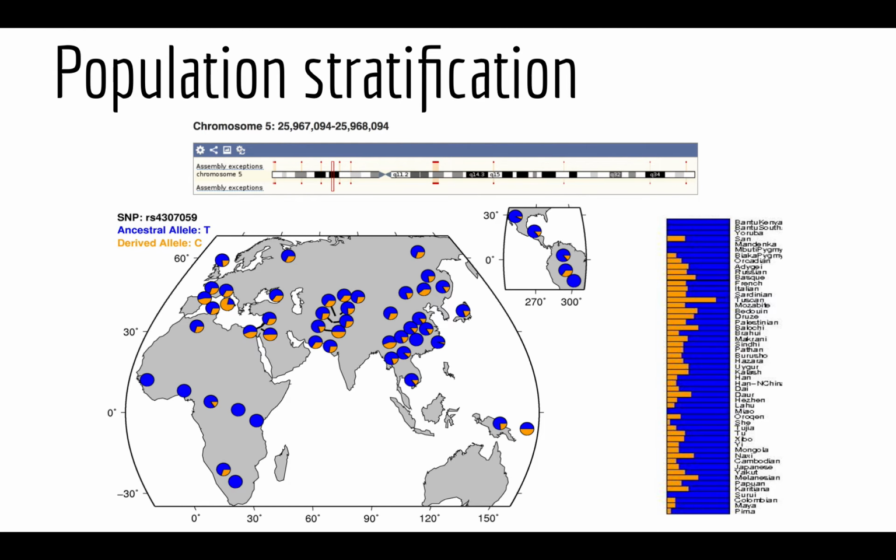So when interpreting genetic variation, say this allele C was associated with some disease phenotype, our inferences about how correlated that allele is with the disease phenotype really matter as a function of what ancestry the individuals we're studying are.